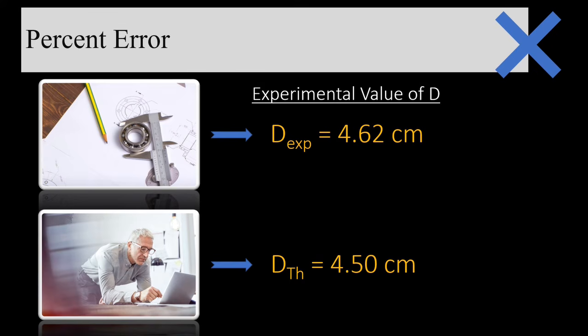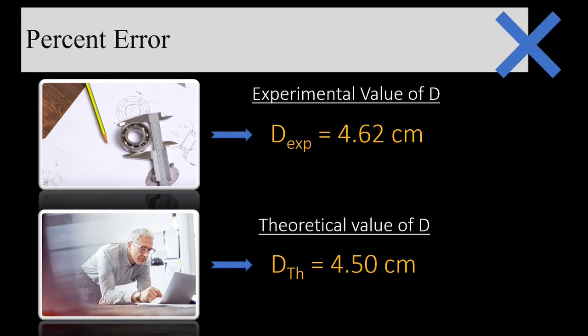Now let's say that somebody like this engineer or this CEO of that company told you that they are confident that their bearings have a diameter of exactly 4.5 centimeters, and that they used very sophisticated equipment in the quality control to measure them, so their bearings have a 4.50 centimeter diameter.